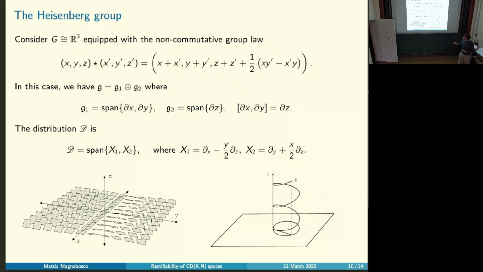So now, what happens, for example, if we want to start from the origin and find a geodesic connecting the origin with a point on the same vertical line is that we cannot go straight up because the distribution in the origin is horizontal, is this first layer here.